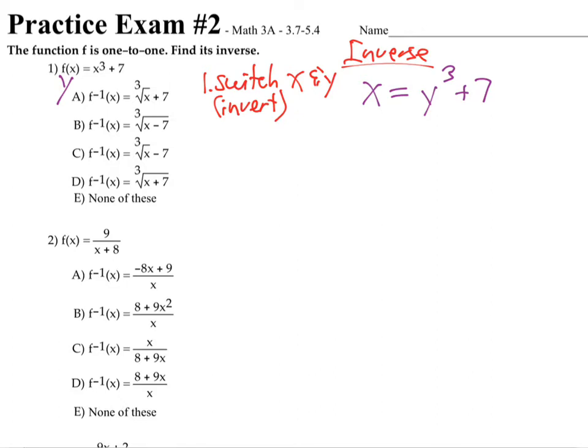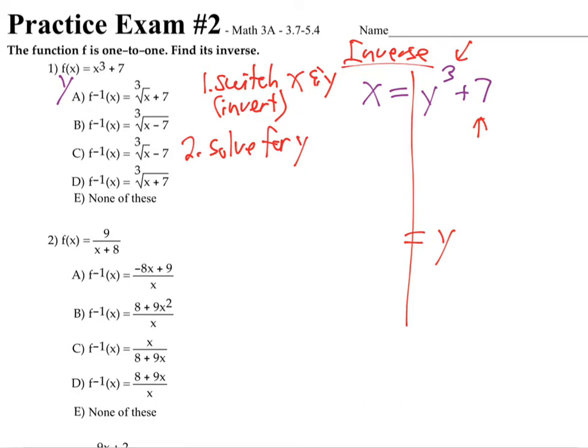And then step number 2, solve for y. So here we have an equation, an equal sign, a left side and a right side. And y is saying, I want to be alone. Please get rid of that plus 7 and get rid of that third power that are on me so that I can be alone on my side of the wall.